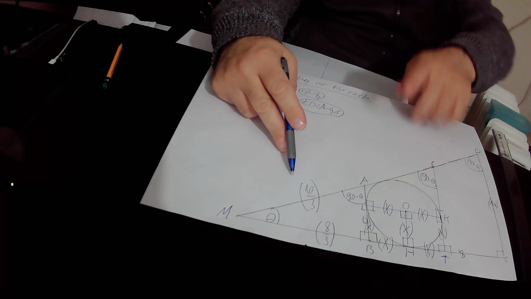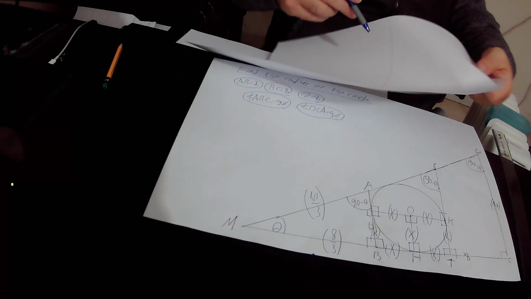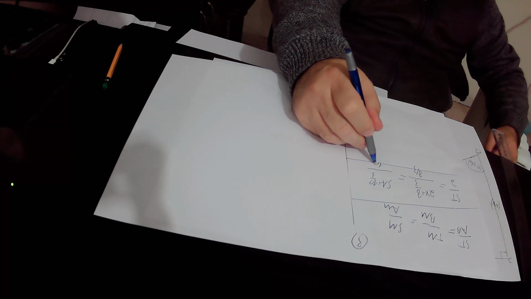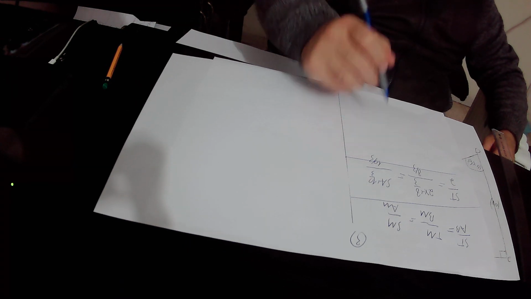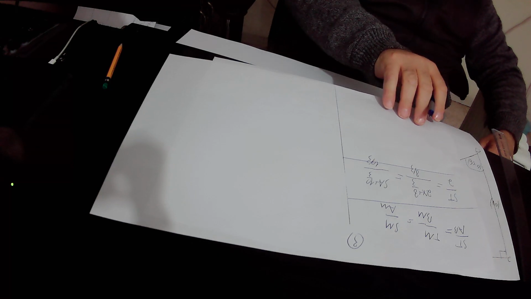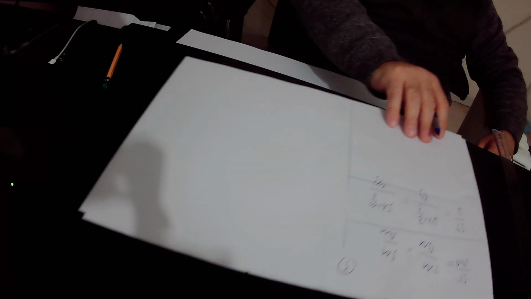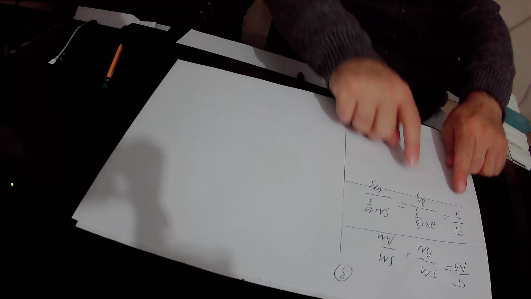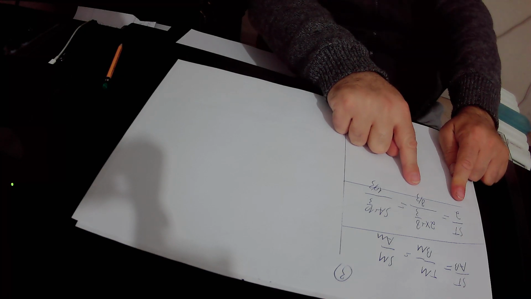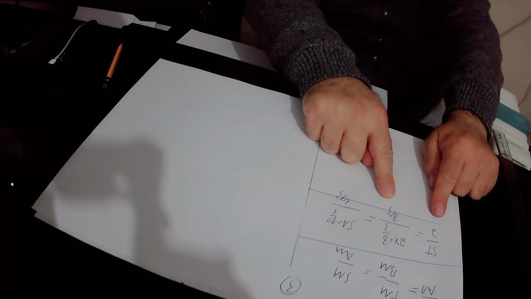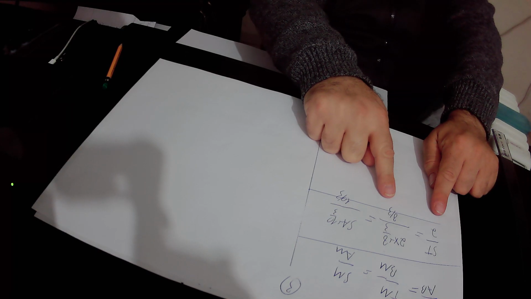AM is 10 over 3, so we substitute AM in this equation by 10 over 3. So here, those two expressions are equal to each other, so we create equation 1 from those two expressions that are equal to each other.